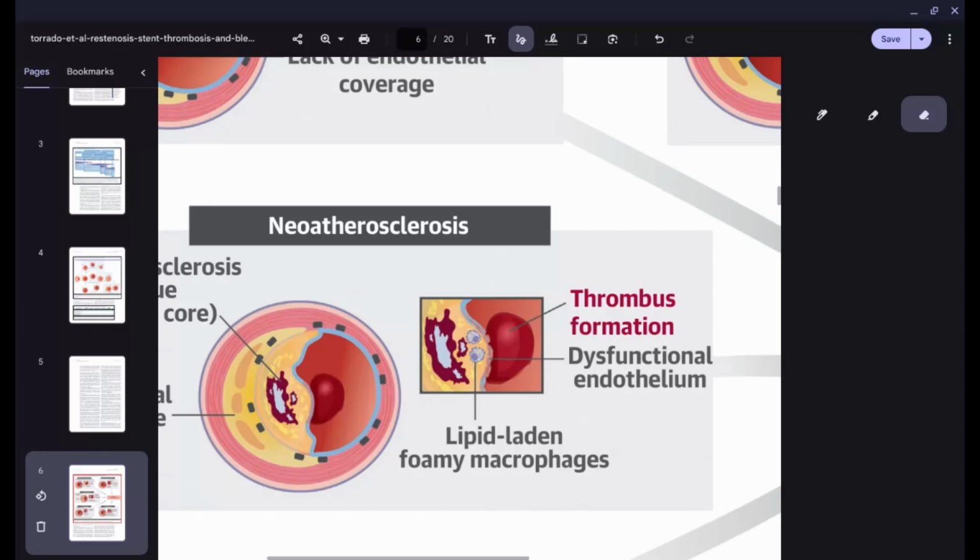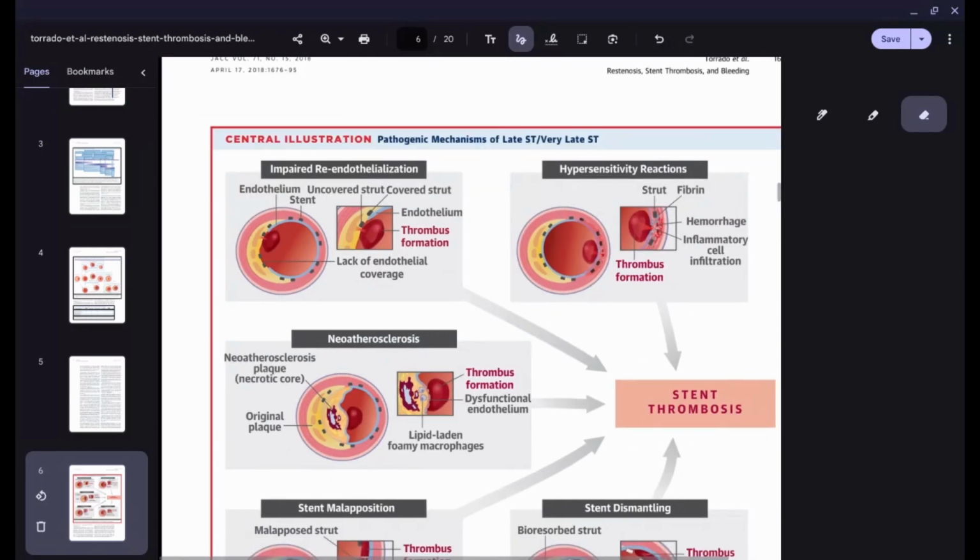You'll be seeing this layer of salt deposition, right? So this layer hardens. A hard layer in a pulsating blood vessel easily breaks and leads to clotting. There is neoatherosclerosis and then clotting.